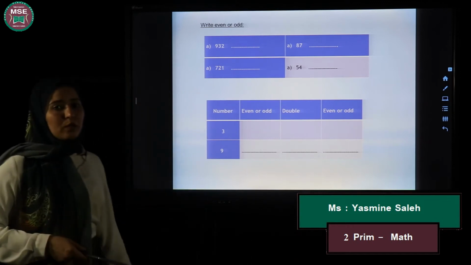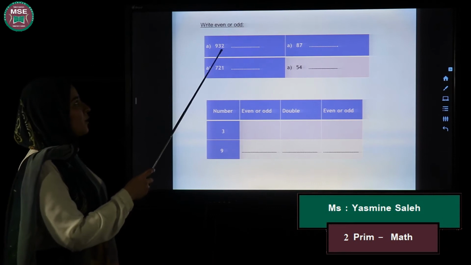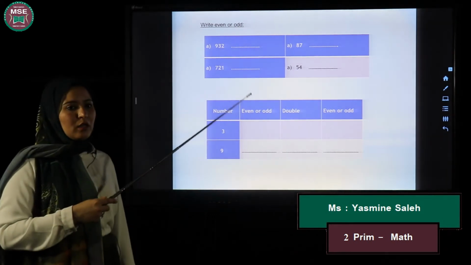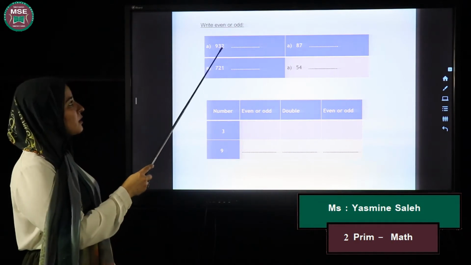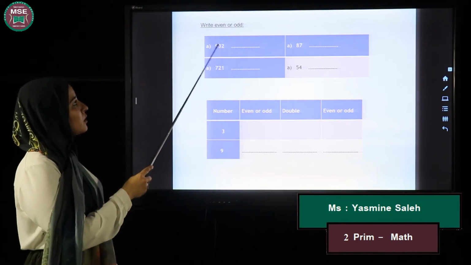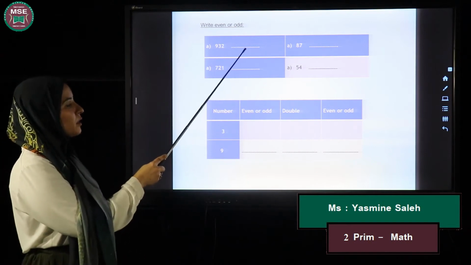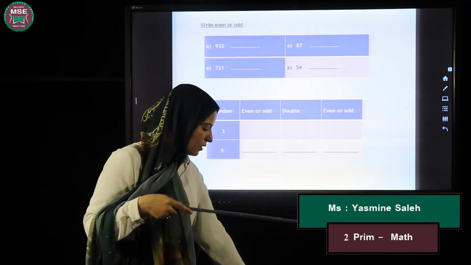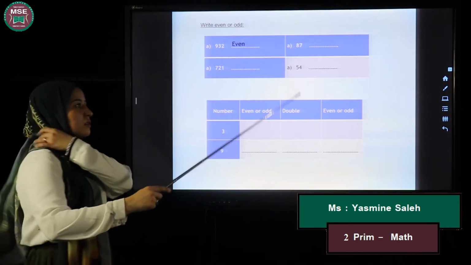Okay, here we will talk about the odd and the even. I have a number of 3 digits. How can I know it is even or odd? I will look at the unit. The unit here is 2, so this number is even. If the unit is even, the number is even. It doesn't differ whether it is 2-digit, 3-digit or 1-digit numbers. I look at the unit.